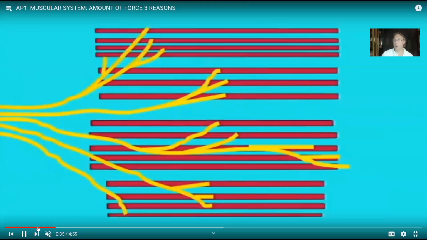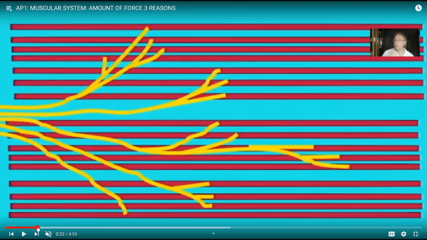Then only some of these muscles contract. This is what is known as a motor unit. All of the muscle cells that a neuron touches are called its motor unit. And when that neuron goes to action potential, only the cells of the motor unit respond. So that's just what a motor unit is.